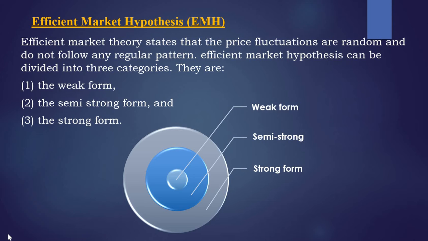Okay, efficient market hypothesis can be divided into three categories. Okay, so what do we say about the efficient market hypothesis? In the last two studies, that is economic analysis and technical analysis, under the economic analysis we studied how the economic factors affect the company's share prices.